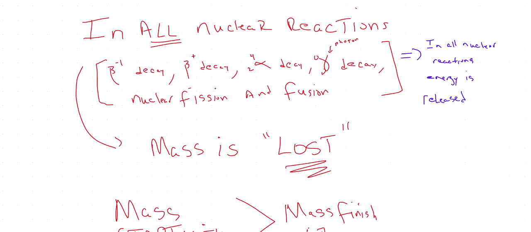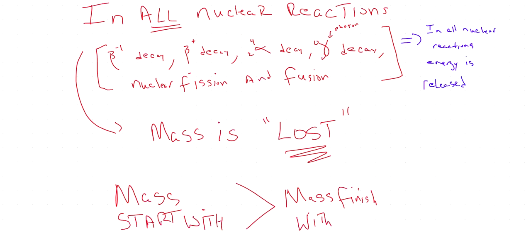But Einstein said this in 1905, 40 years before the two atomic bombs were dropped on Japan. He said energy is equal to mass times the speed of light squared. In other words, energy and mass are equivalent.